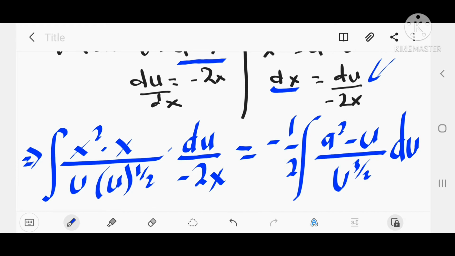Now what we do is split the fraction. Since they have a common denominator, we split the numerator.